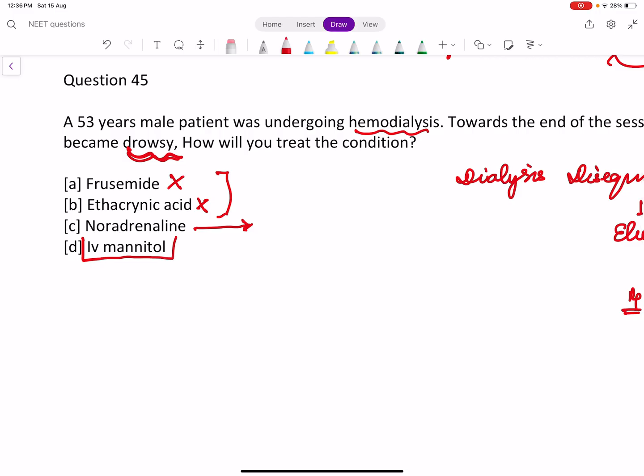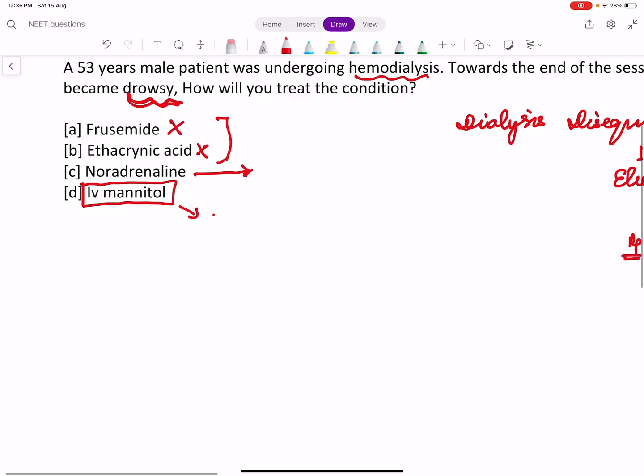IV mannitol. Whenever we see this question, we answer noradrenaline instead of mannitol, because we know very well that one of the contraindications for mannitol is CKD, right? CKD, heart disease, volume overload. Mannitol is contraindicated because mannitol, being a hyperosmolar substance, when it is given in the blood, will absorb all the fluid from the interstitium and the intracellular compartment, and it will swell up in the blood.